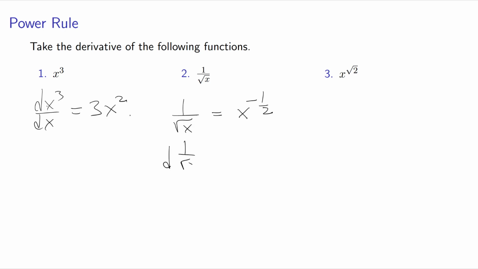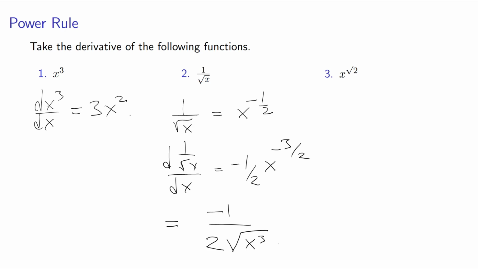So the derivative of this function is negative 1/2 x to the minus 3/2, which we can also write as negative 1 over 2 square root x to the third.